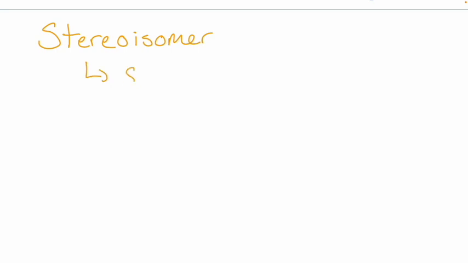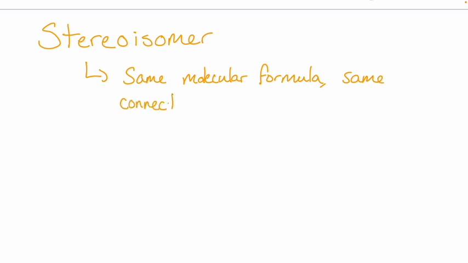This is when you have the same molecular formula, the same connectivity of atoms, all right, but they differ in their spatial arrangement of those atoms.